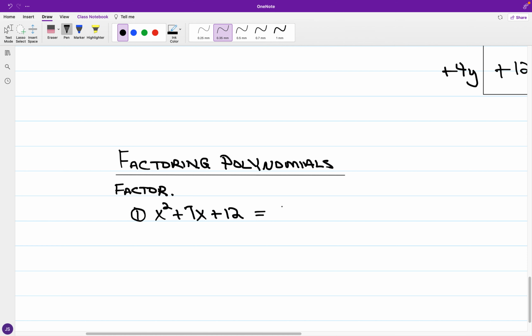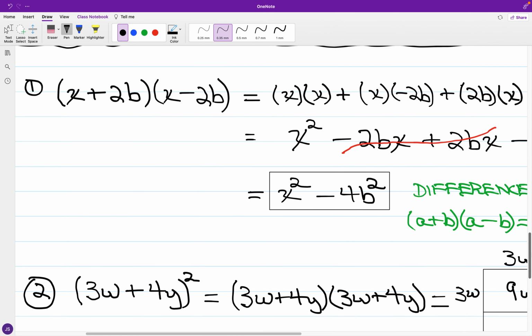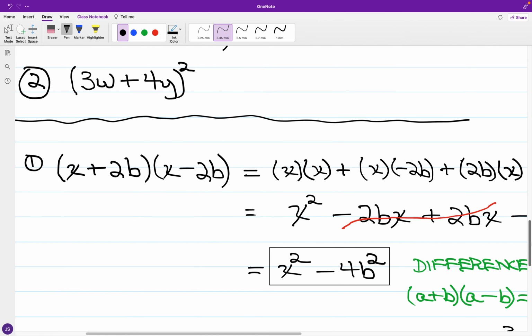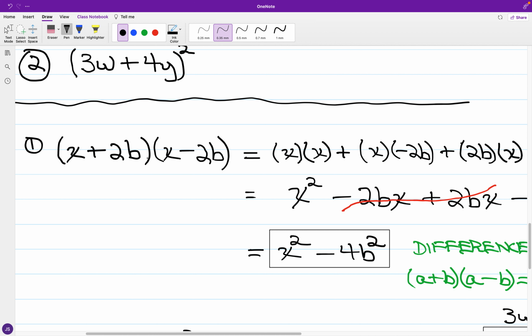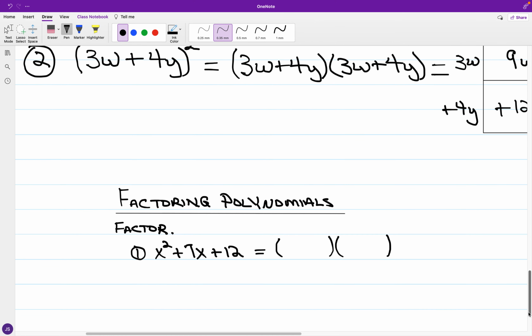Now, going back to when we were looking at the earlier example, x squared originated from taking x times x. And guess what?